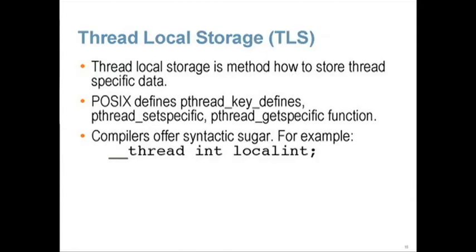I also put some extra information about thread local storage, if you need thread-specific storage visible in all functions, like a global thread storage. There are some methods, and also compiler-specific syntactic sugar for it. And there is also some mention about sessions.